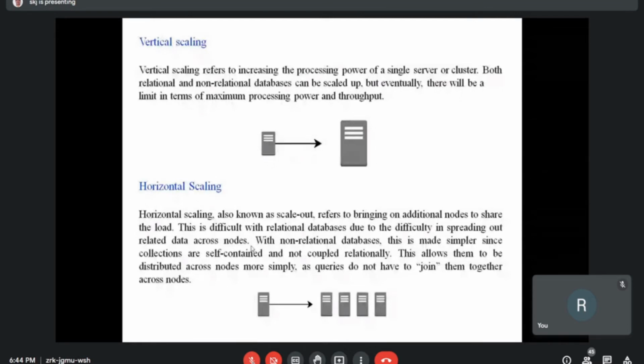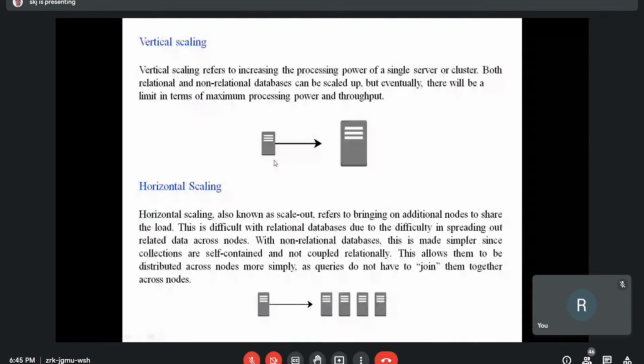Second, I have to bring data from one node to another node, and only then can I do a join and other operations with the other table's data. So it is a somewhat costly and difficult process. This has to be done because the whole database is related: one table is related to another table. Because of that relationship, every time I have to consult whether the data is present here or there. So for relational databases, horizontal scaling is difficult or complex.